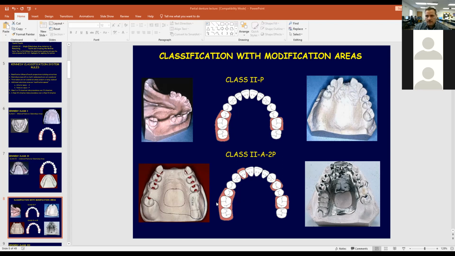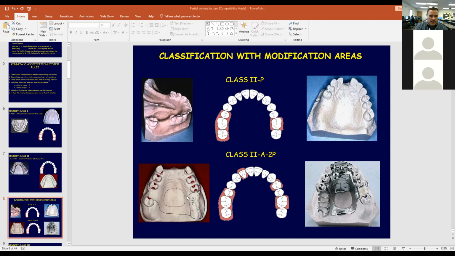Okay, Ashley, do you have a question? No, I don't. Okay, so it's a little different from complete denture. Complete denture is very easy. Take impression, replace all the teeth. But here we think about movement.